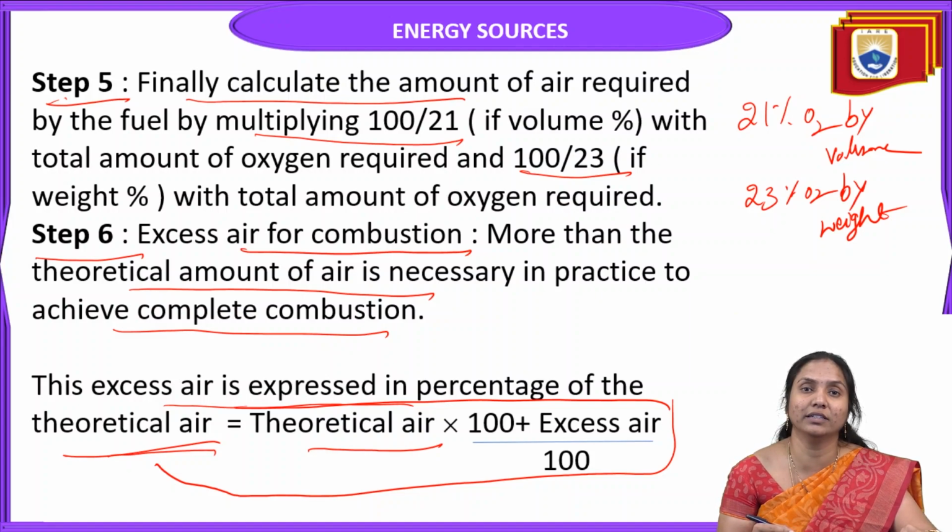We calculate theoretical air into 100 plus excess of air by 100. By using this formula, you can calculate the excess of air expressed as a percentage of theoretical air. These are the most important points for numerical calculation of how much air is required for complete combustion of fuel. Now let's discuss problems.